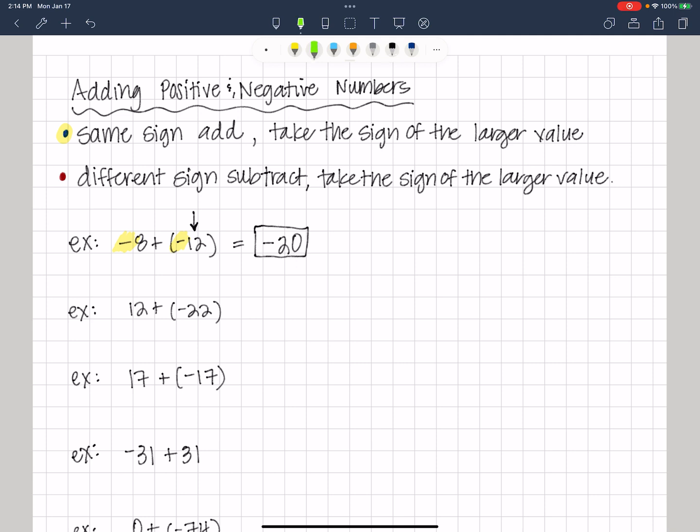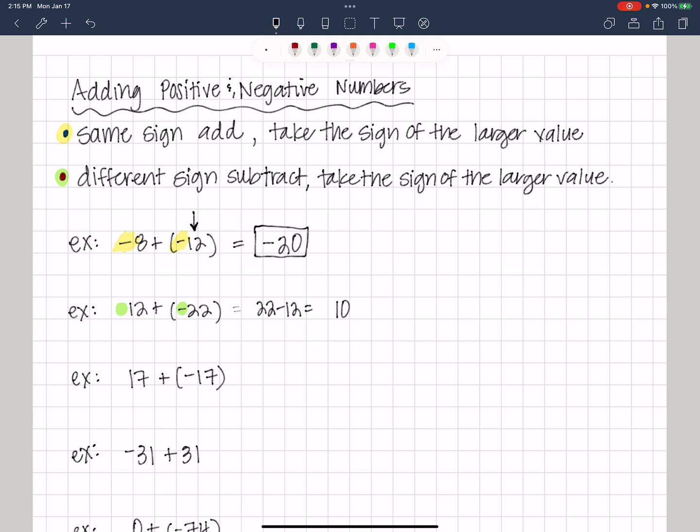The next one, I have a positive number, 12 is a positive number, plus a negative number. That's two different signs. So 12 is positive, 22 is negative. I'm going to subtract those two values. 22 minus 12 is 10, but then I need to take the sign of the larger value.